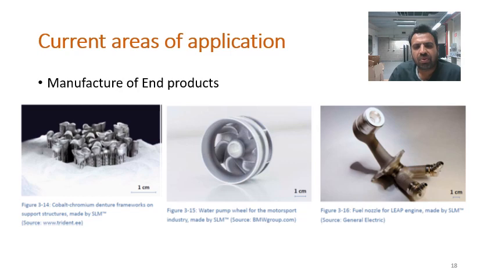Water pump wheels for the motorsport industry are produced by selective laser melting. Fuel nozzles for the LEAP engine are produced by General Electric, an example of certified serial production for long-term applications.